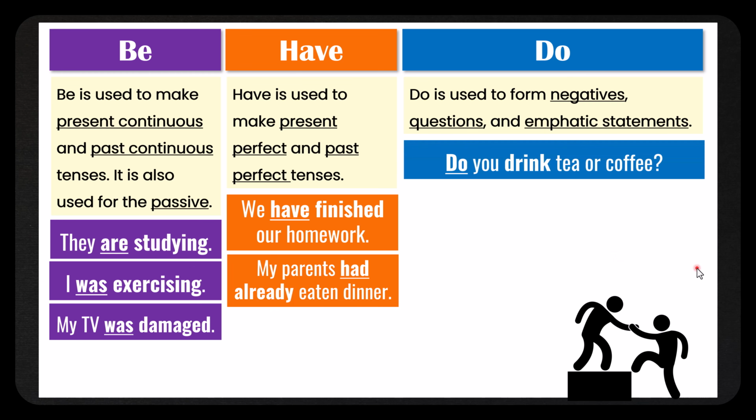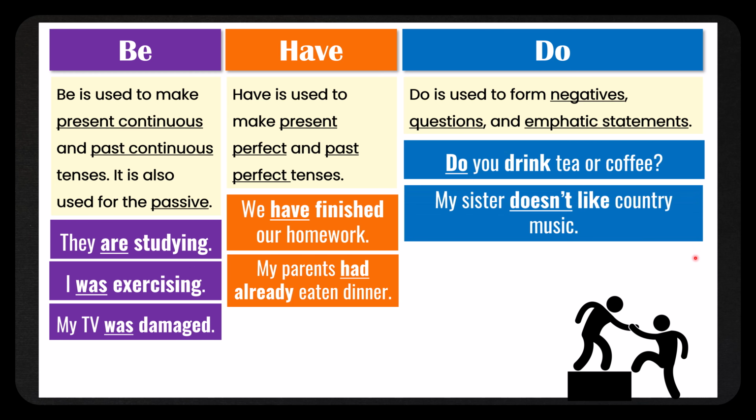For example, do you drink tea or coffee? The main verb is drink, and do is used along with the main verb to ask a question. My sister doesn't like country music. The main verb is like, but to make this negative, we need does combined with not, doesn't.